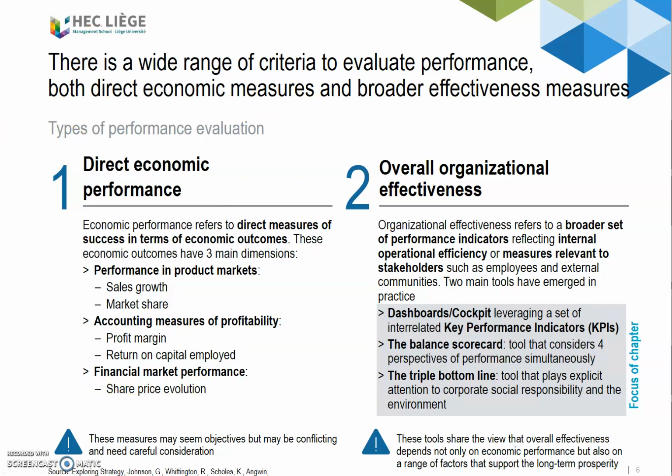A bit more evolved would be the overall organizational effectiveness types of indicator, and there you will actually start to combine indicators into more advanced performance measurement tools. So it would be dashboards, it would be balanced scorecards, or it would be other frameworks. So that's what we will focus on today, because that's what most companies use.